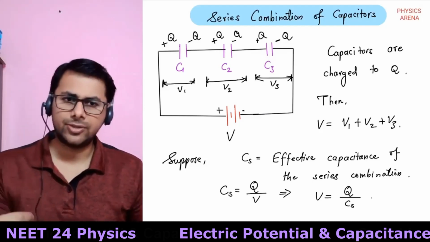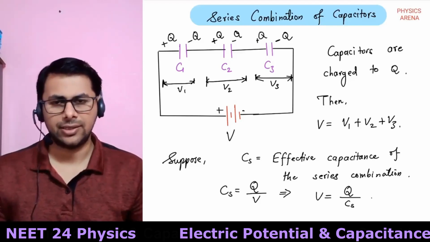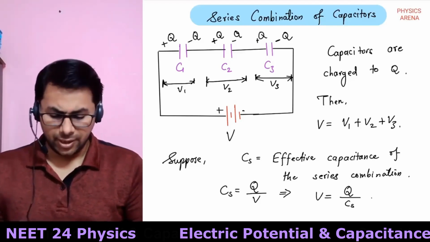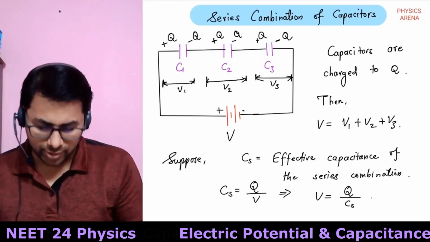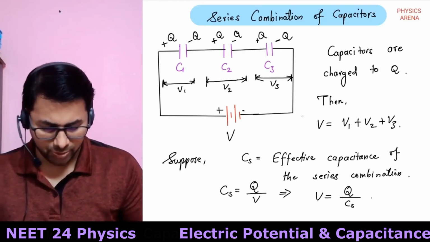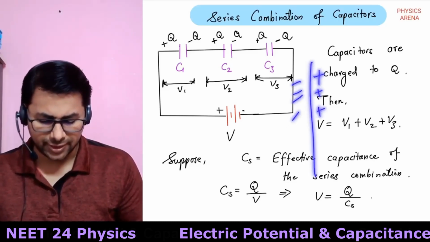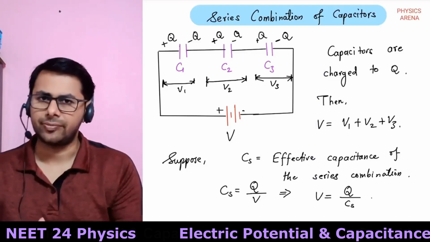The same amount of positive charge will get induced on the other plate, right? Then there will be positive charge on this side of the plate and negative charge on the other side. So that negative charge will get repelled and it will reach this plate.